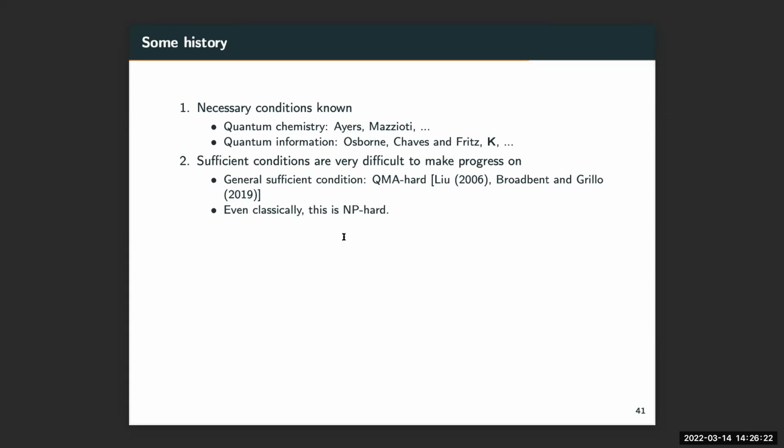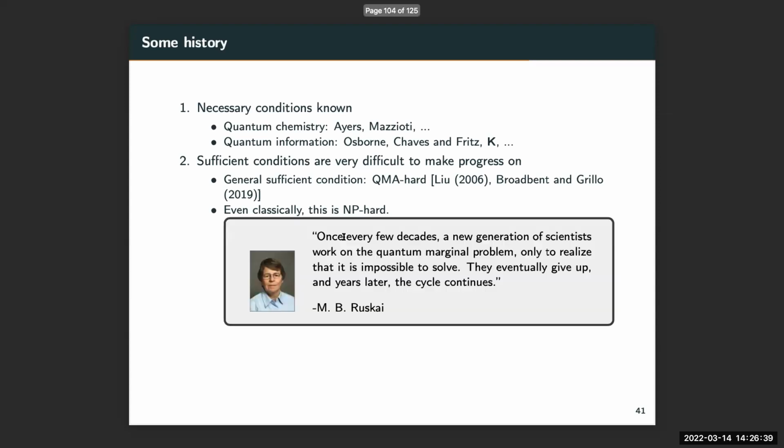So coming up with these constraints that need to be satisfied, the necessary conditions, there has been some progress. But the difficult part lies in showing that for real there is a global density matrix that is compatible with these local density matrices. So that has been very hard, as I just mentioned.